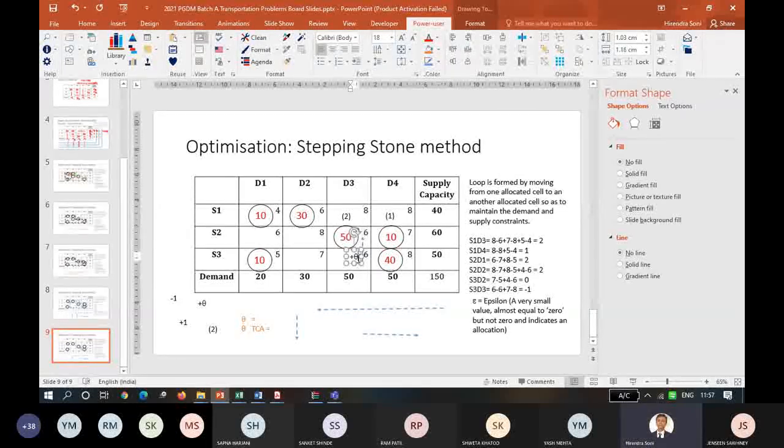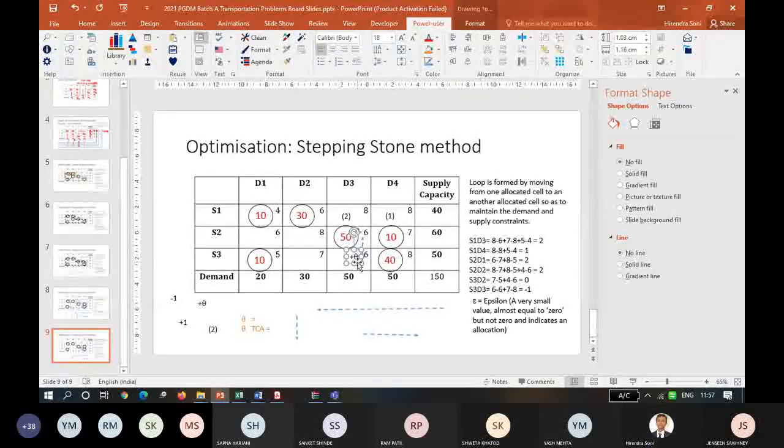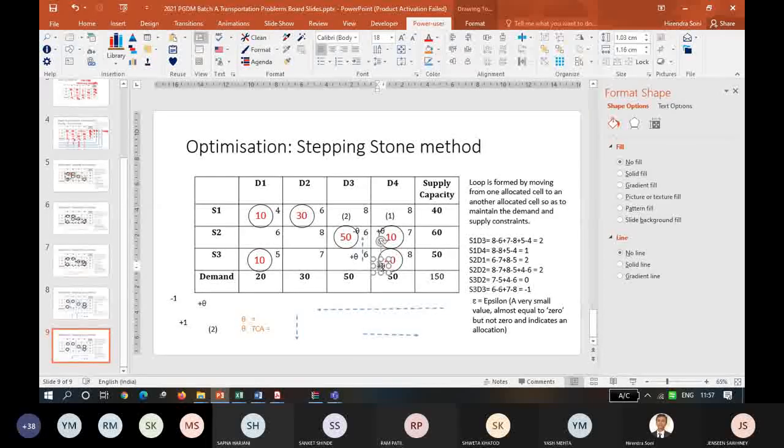Then plus theta here. And then minus theta here. Correct?